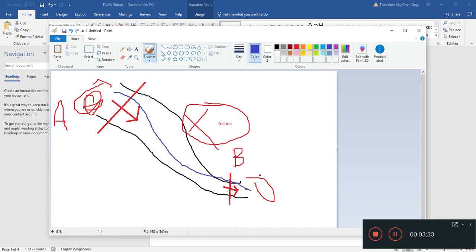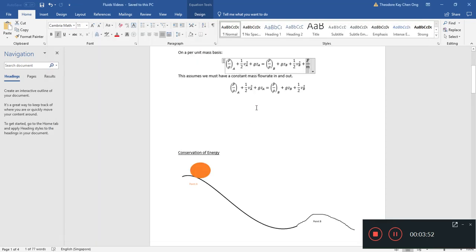I don't care how it flows from point A to point B, as long as the mass coming in here and the mass coming out of here are the same, and there's nothing coming through the walls or anything like that, we can use the same energy equation that looks like Bernoulli's equation. So this is the very simple way of understanding it.